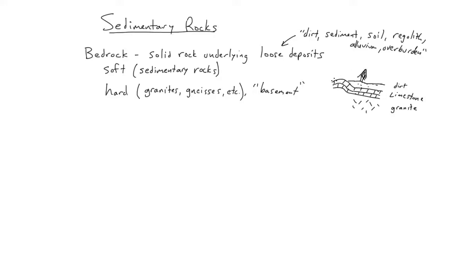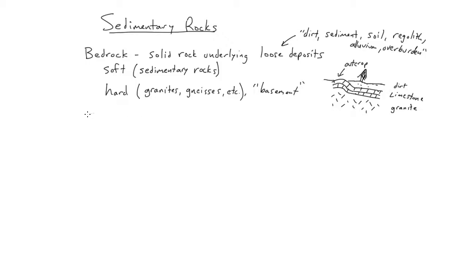Okay, so we call this an outcrop. But there are other ways to investigate the rocks that are below the surface, below the dirt layers. We can drill holes. We can send seismic waves down. All kinds of methods.